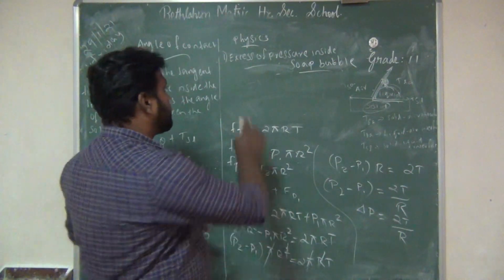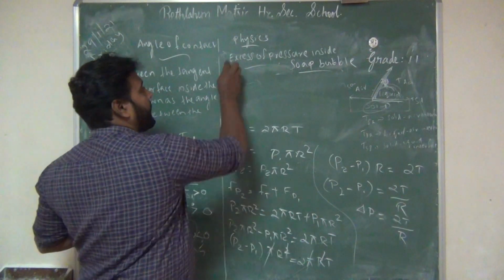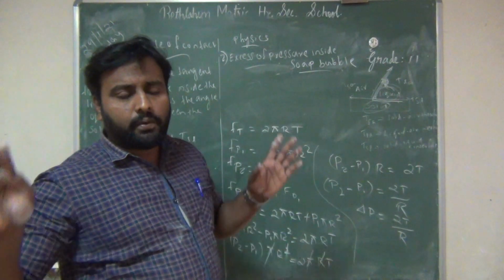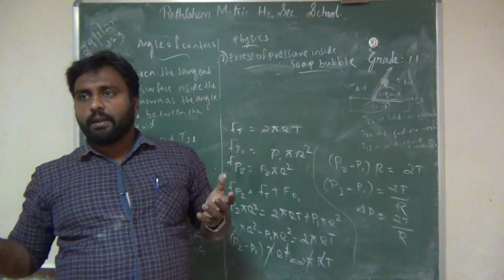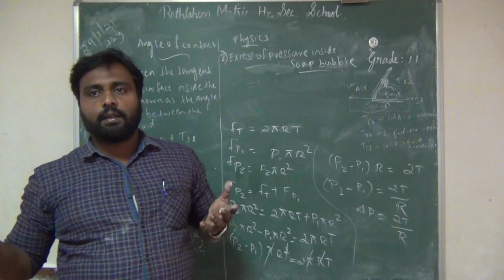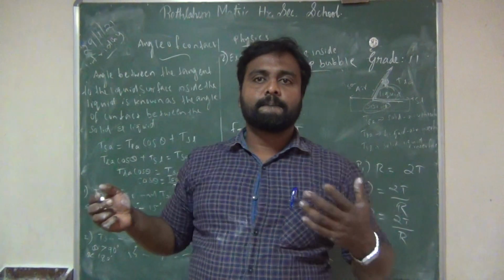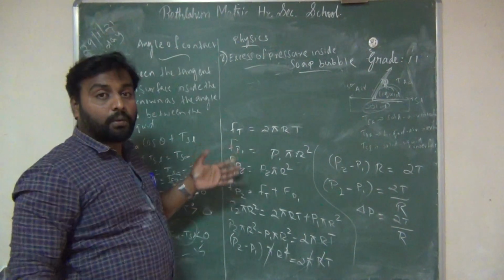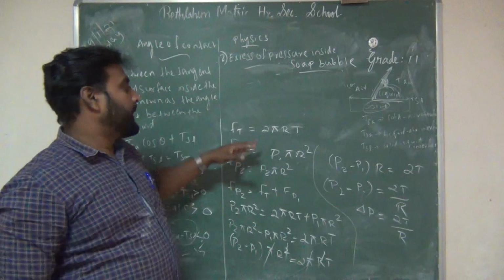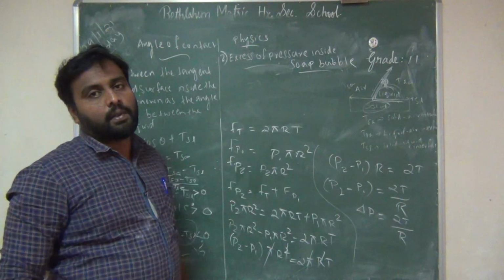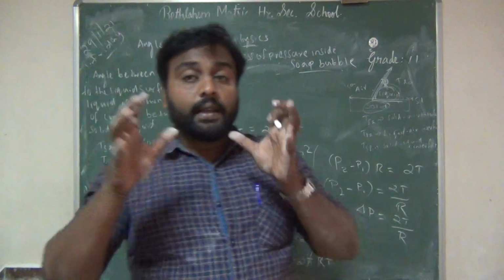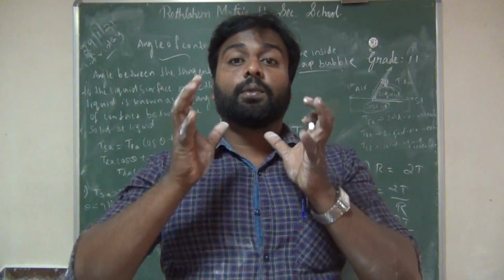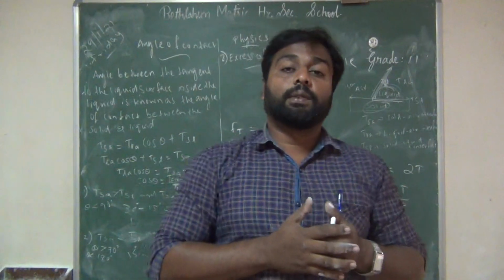Now the next thing is the excess pressure inside a soap bubble. So now we are finding the excess pressure inside a soap bubble. Now also the same thing, Ft. Now we are taking a soap bubble. Soap bubble means you know that inside surface, inside one air-liquid interface will be there.